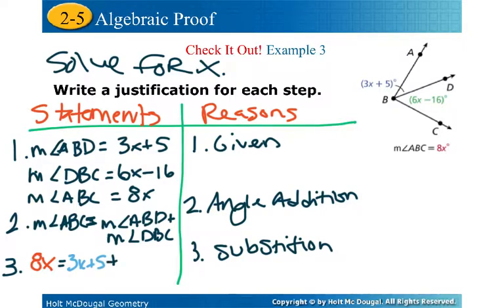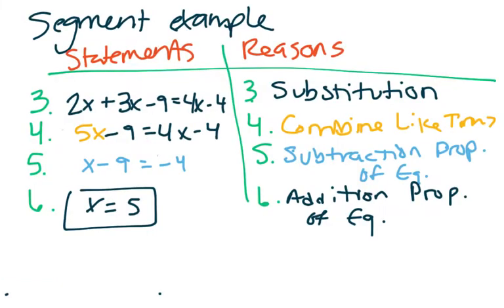And then instead of DBC, we can put 6x minus 16. Now we get to do the algebra to solve this, and so I'll probably start with combining like terms. So I'm going to have to move to another page. This is our angle example.